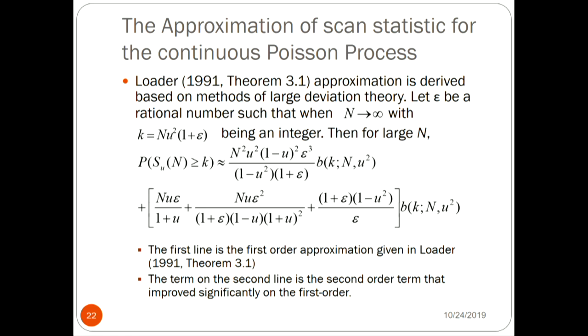This is only an approximation for the two-dimensional continuous Poisson process. We can use it to calculate the approximate distribution of the two-dimensional scan statistic if it's in a rectangular study area.